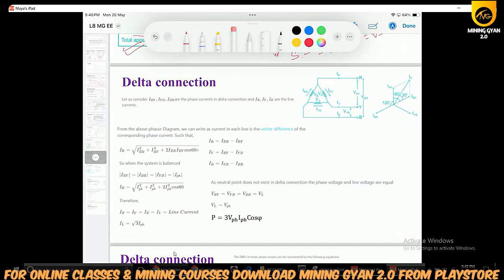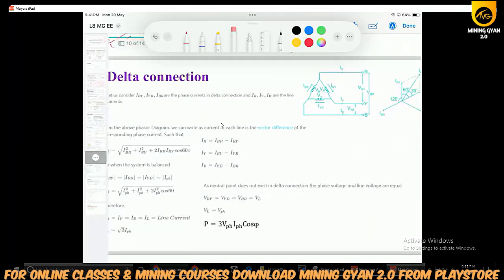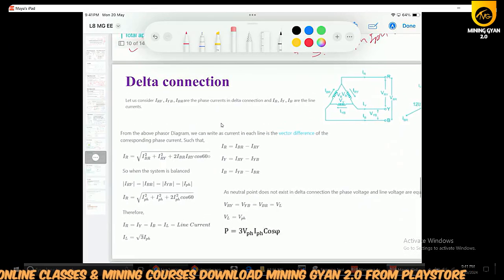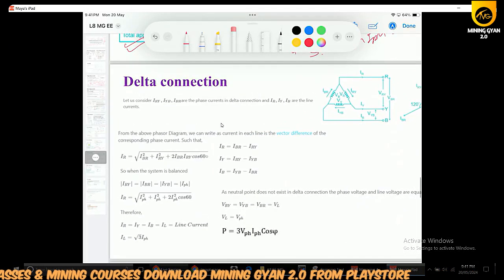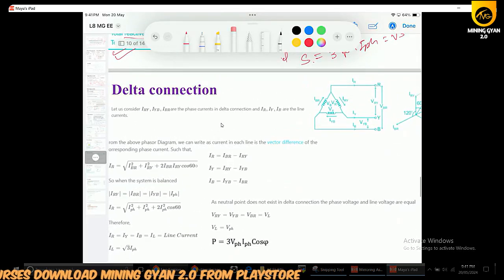Now coming to the delta connection. In a delta connection, obviously there will be line currents, line voltages, phase currents and phase voltages. First of all, let us differentiate phase and line.